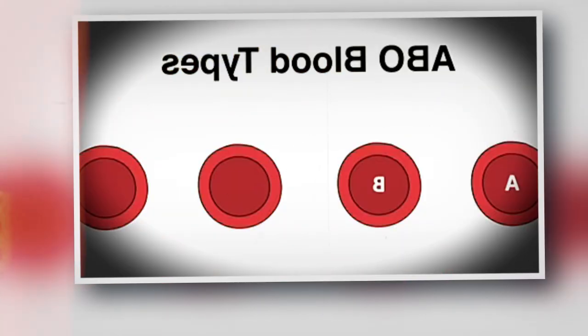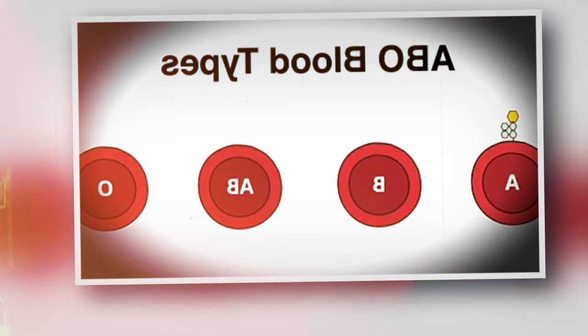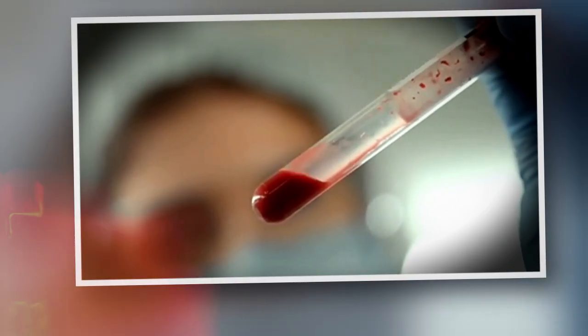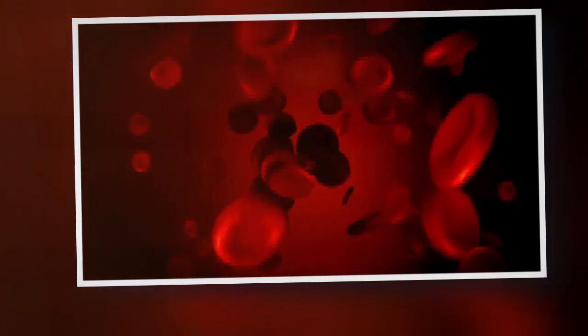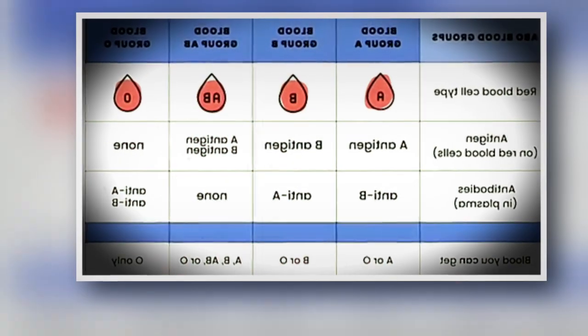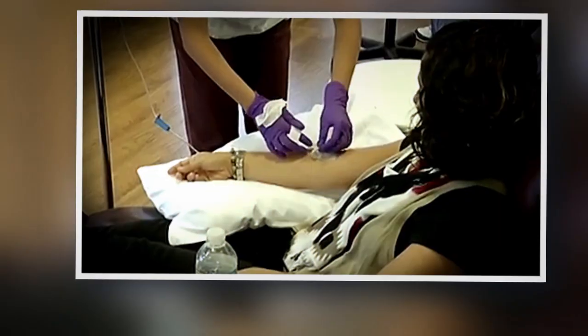Type A has the A antigen. Type B has the B antigen. Type AB wears both. And type O, well, O shows up to the party without any flags at all. That's why scientists often call it the null blood type. It looks blank, like a cell without any identifying badge.